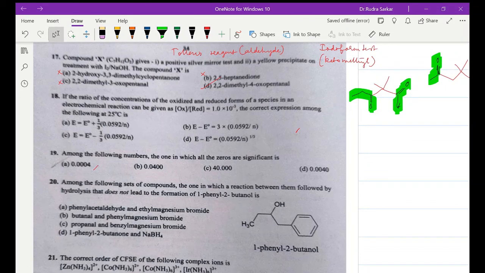Now here we have been given, if the ratio of the concentrations of the oxidized and the reduced forms of a species in an electrochemical reaction can be given as shown over here. So what should be the correct answer?